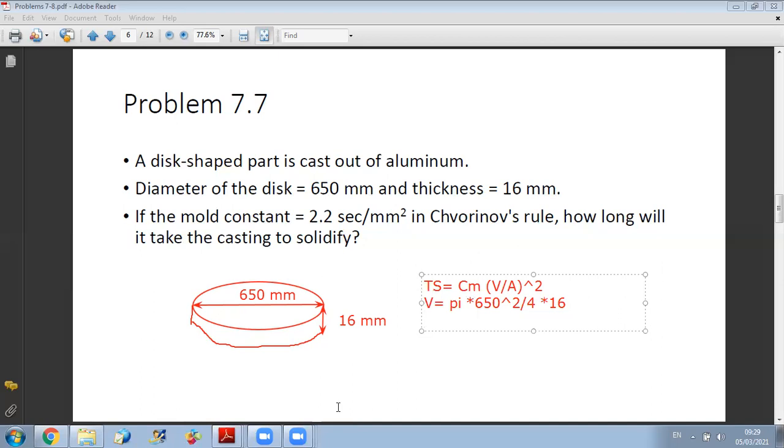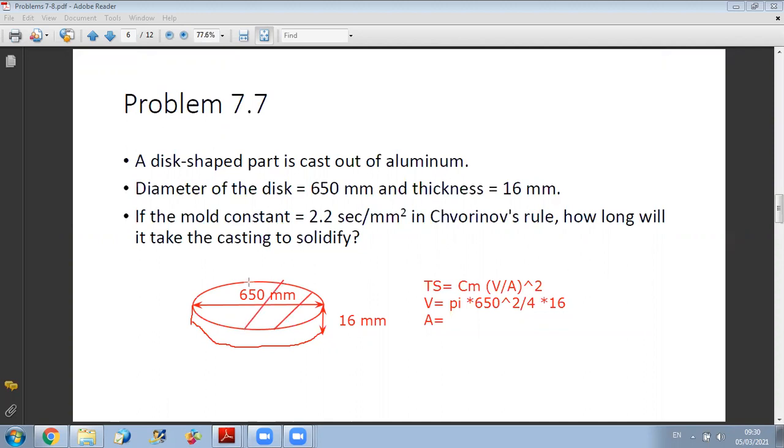And for the surface area, we should take the surface area of contact between the mold and the molten metal, so we should take all surfaces in contact with the mold. Here we have first the two surfaces, the two bases.